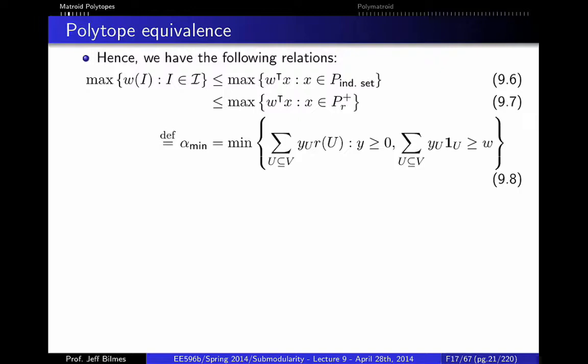We've got a maximum weight independent set, which we said was solved exactly by the greedy algorithm. That's less than or equal to this. And why does that hold again? Why is that yellow thing true?